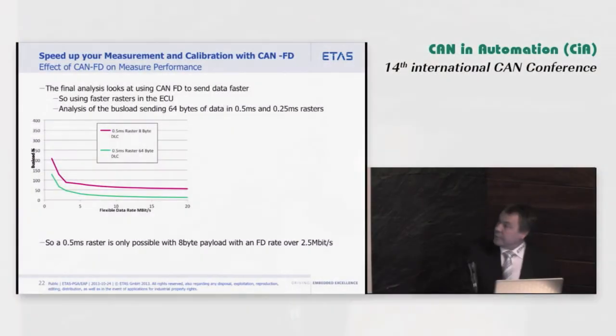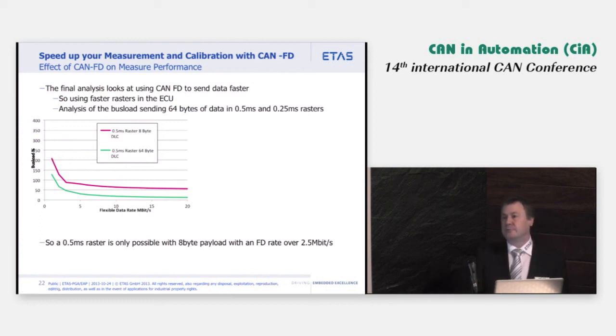So I've done some analysis saying, if I wanted to send 64 bytes of data in a half millisecond raster or a 0.25 millisecond raster. If I start here with the 8 bytes, and I wanted to send 64 bytes of data at half a millisecond today, I have a bus load of 200%.